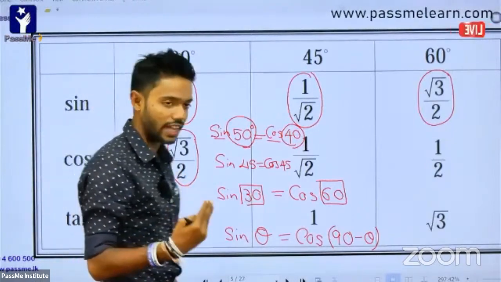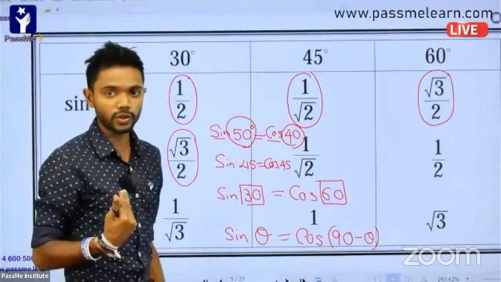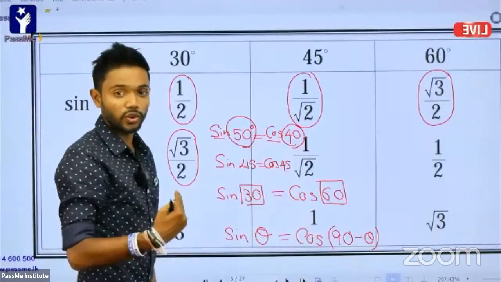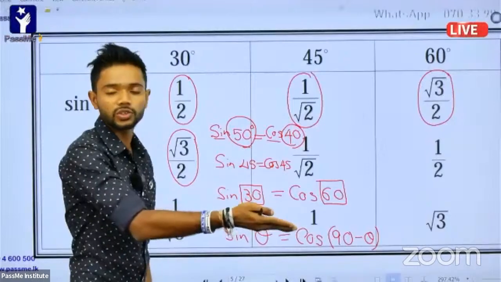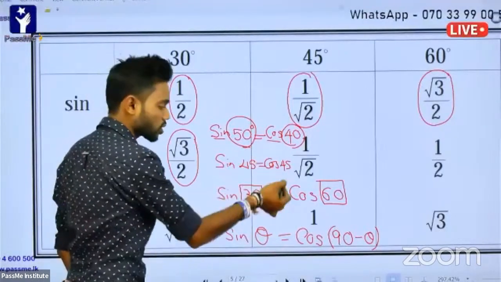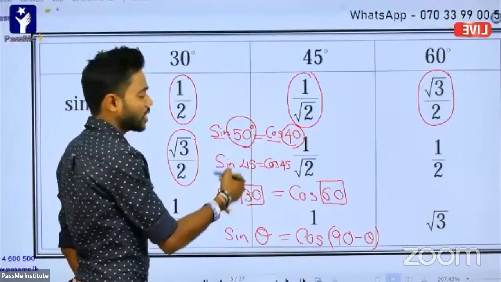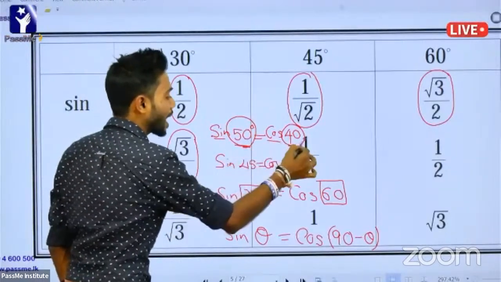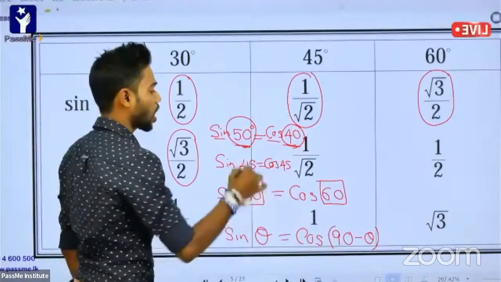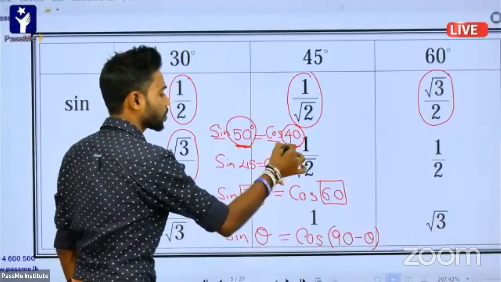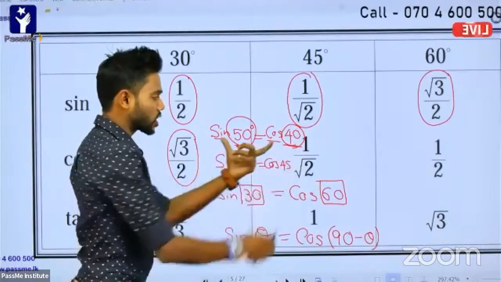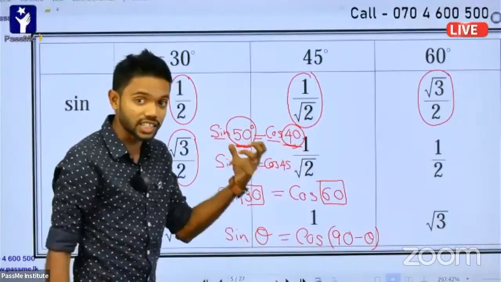If you want to find the sine, you can equate it to the cos, and if you want to find the cos, you can equate it to the sine. The ratio changes and the angle also changes. If this is 50, this is 40, because the sum of these angles should be 90 degrees.